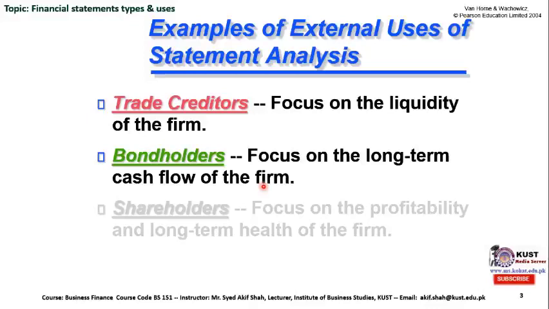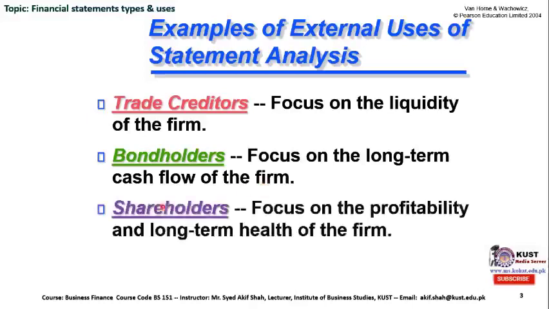Therefore, their primary focus is on the long-term cash flow ability of the firm or the organization which is issuing these bonds. Basically, these two are debt instruments, or rather debt financing providers, I must say.